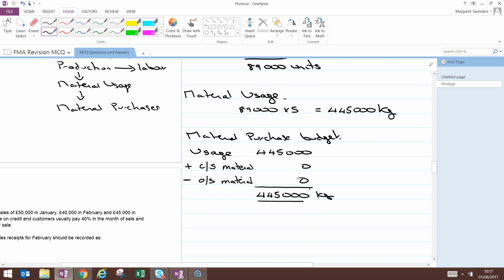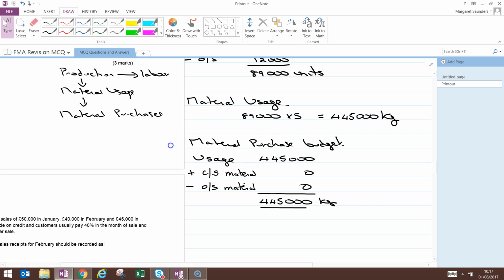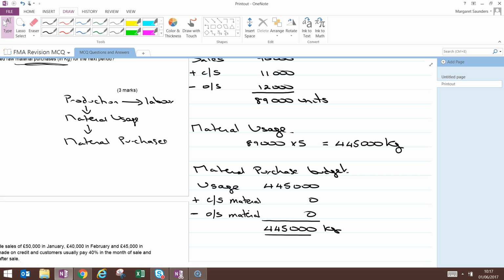As I said, if there was a question asking about labour, then you would go back to your production budget, look at how many units you are producing, and then multiply that by how many hours it takes to produce a unit, and you would have a labour budget.